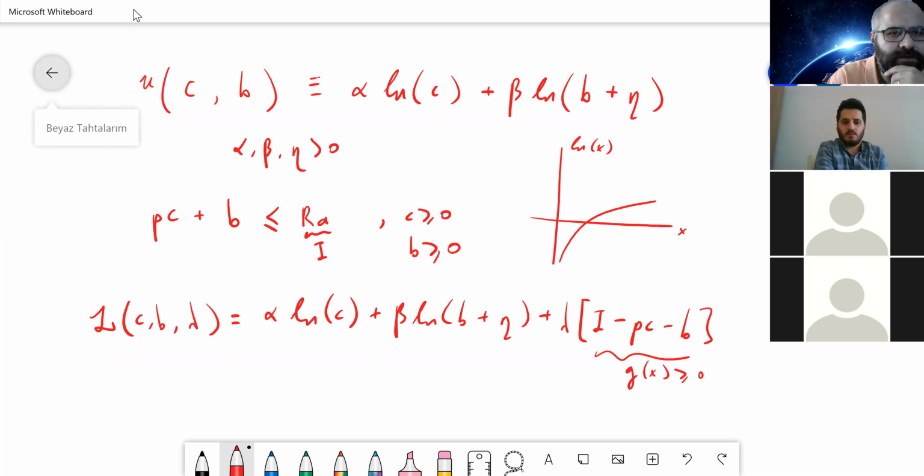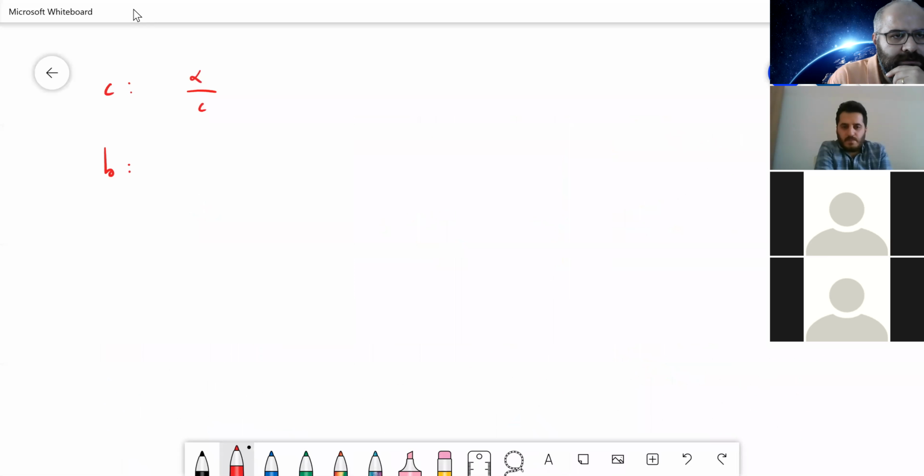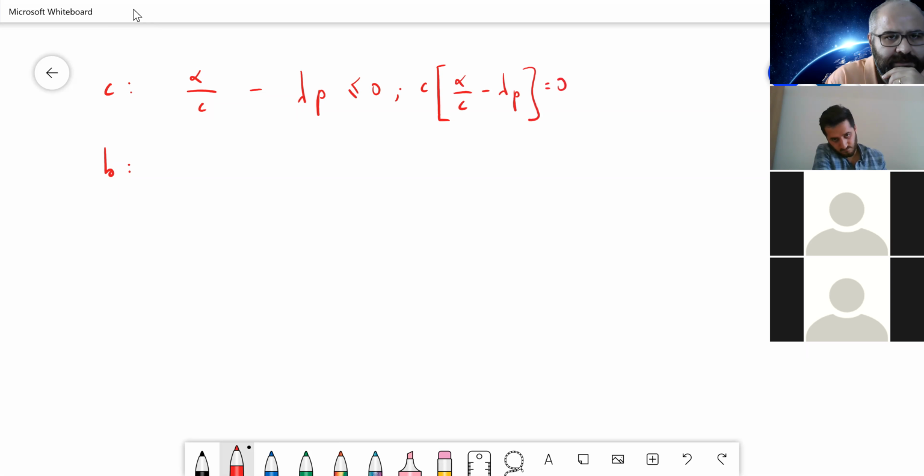So the derivative of the logarithmic functions. So then I have lambda p, okay? This must be less than or equal to 0. And c times the quantity alpha over c minus lambda p must be equal to 0, and c must be greater than 0.